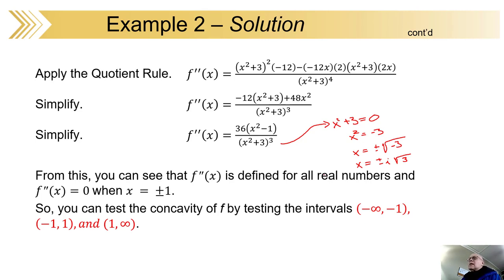So, since it's defined for all real numbers, that's where f double prime of x equals 0, and where x equals plus or minus 1 from the top. The bottom is okay regardless of what you use. The top, set that equal to 0.